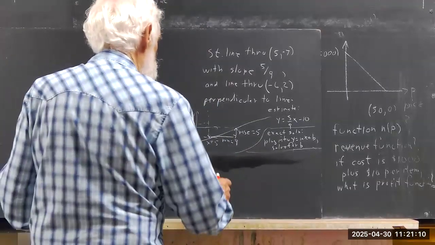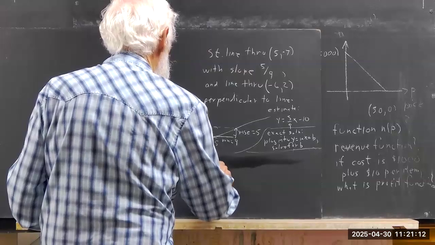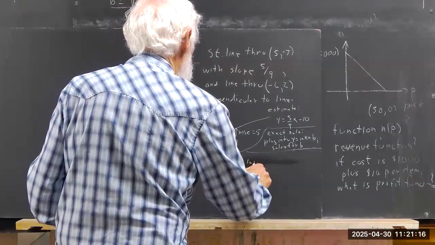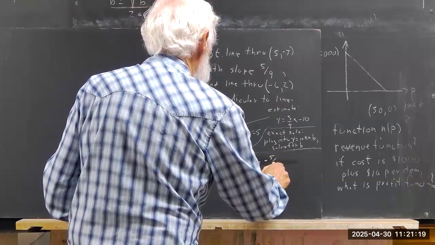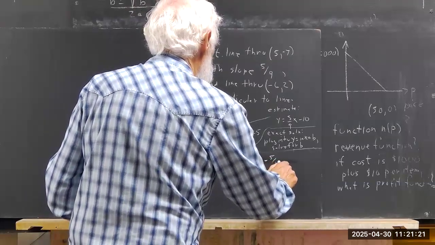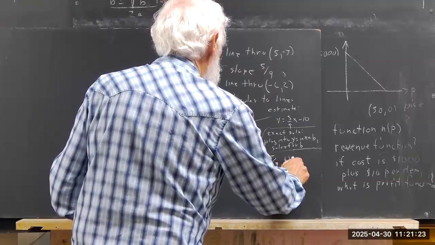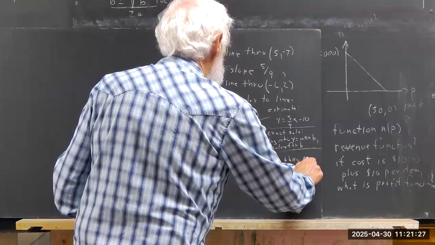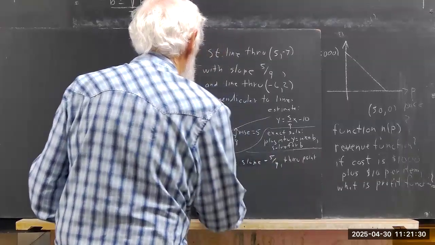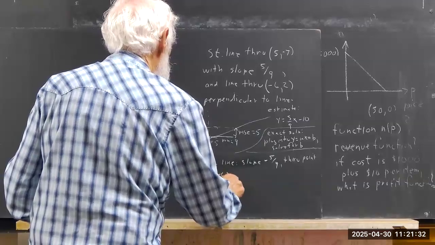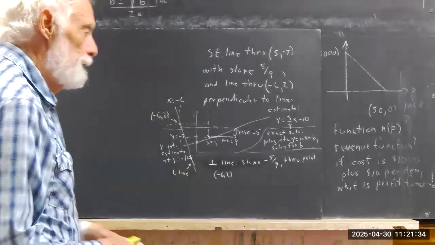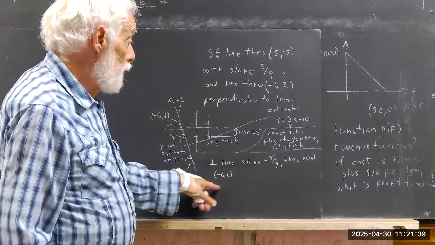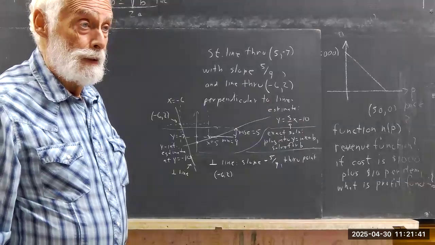Okay. Slope is -5/9. As soon as you know the slope is this, and you know a point on it, you do the same thing we did up here.